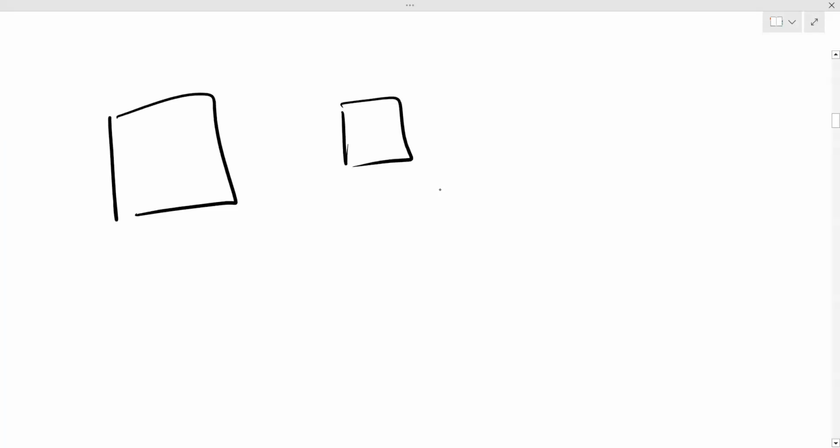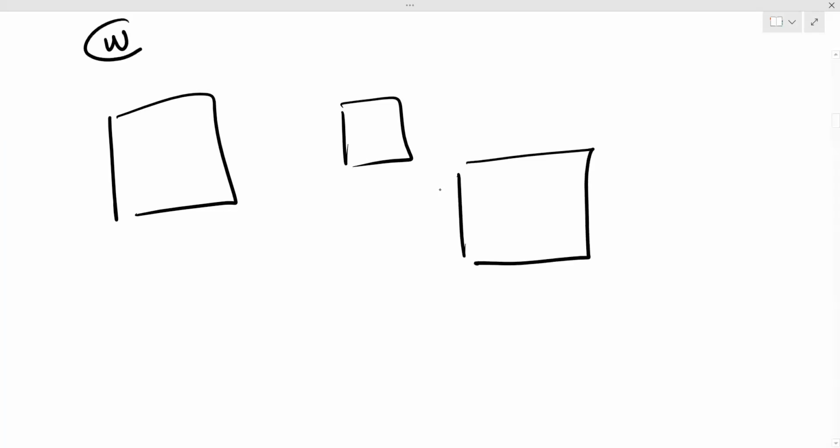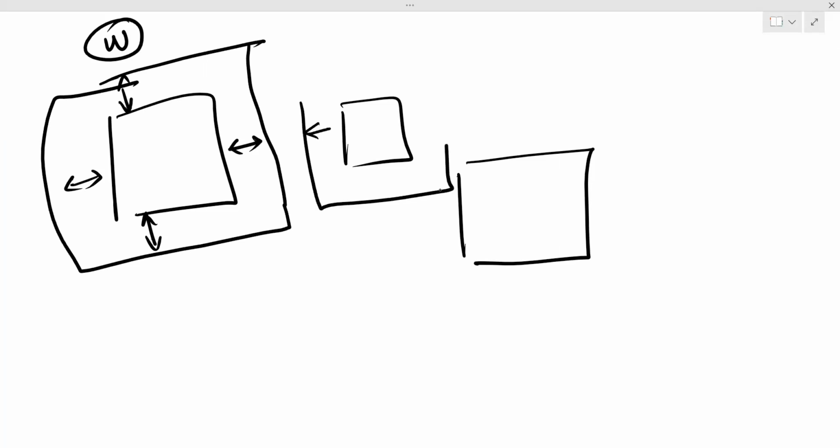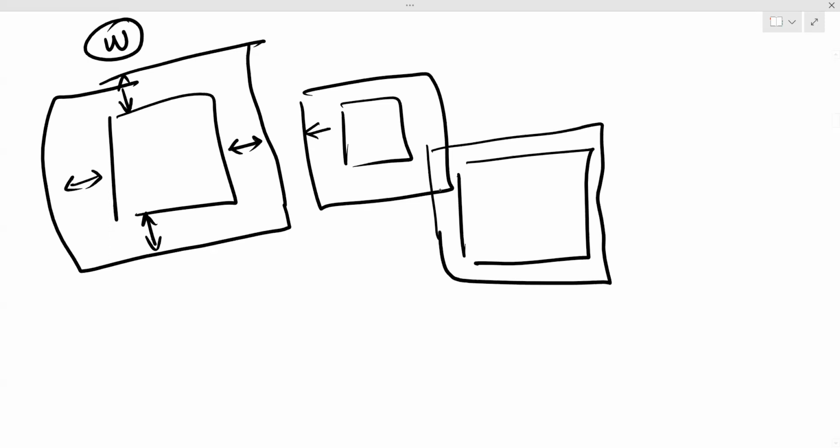So, first of all, let's understand what the problem is trying to say. We have some kinds of squares. Then we decided on a value of W, and we gave the border of W to each of these squares. And we finally found these bigger squares for each of these. And this way, these bigger square cardboards were cut down.